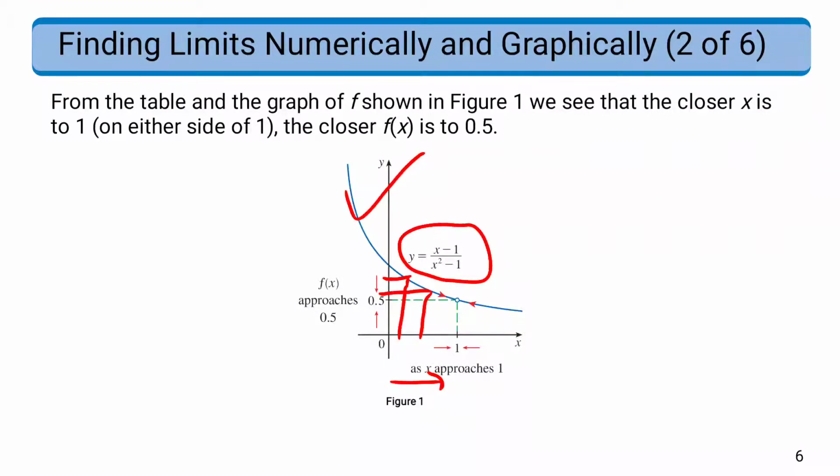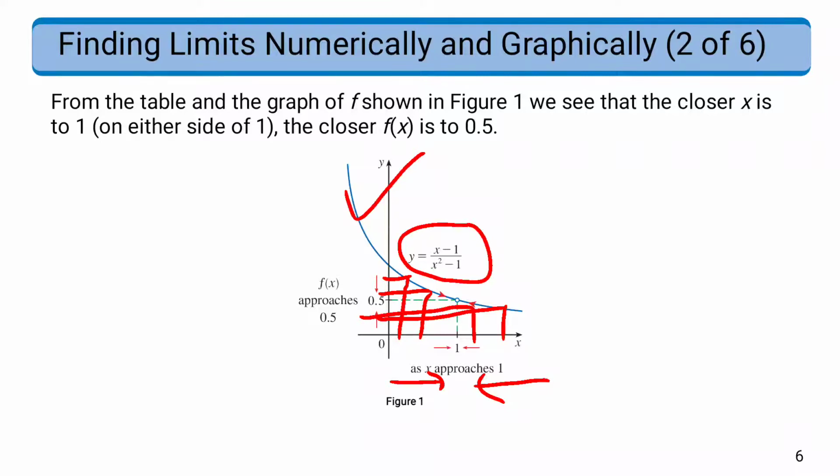And let's try to do the same thing from the right. Start somewhere far, you take this value, you go to the graph, and then you find the value of f of x. Don't mind my bad drawing, I think you can do better. You'll find that from the right, as you start, you're still a little bit far from 0.5. If we take the next value, closer to 1, and then check f of x, you find that it gets closer to 0.5.